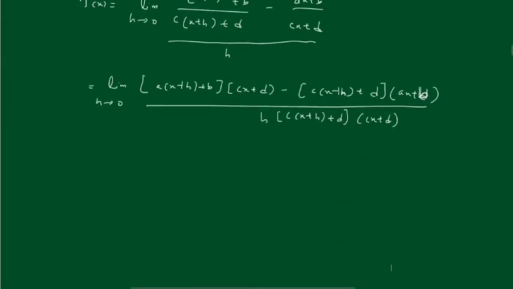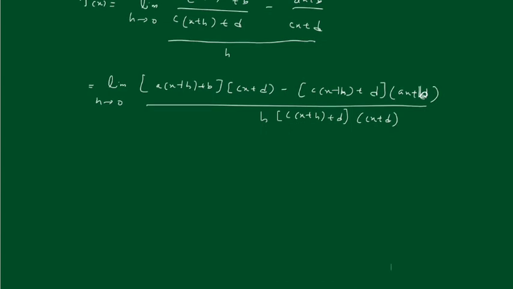So remaining we can write it as it is here. Limit h tends to 0, ad minus bc. The terms get cancelled here. Remaining, after cancelling the remaining terms, what we can write?